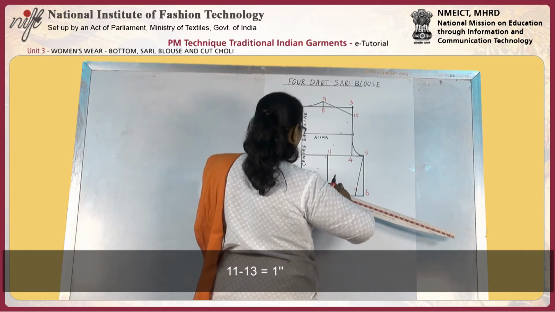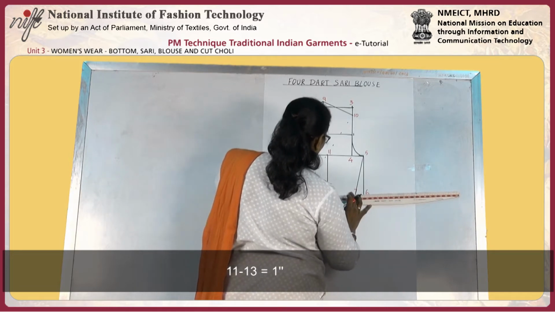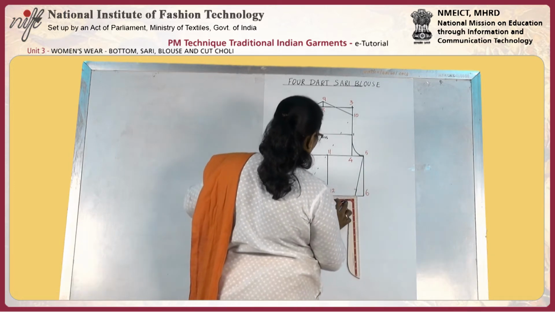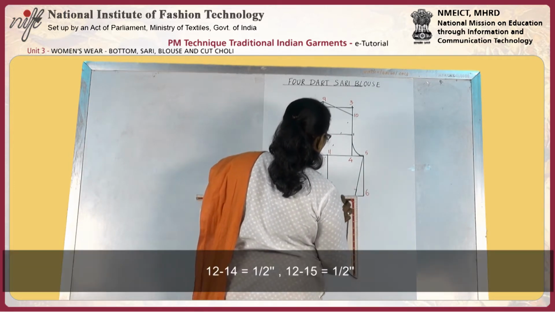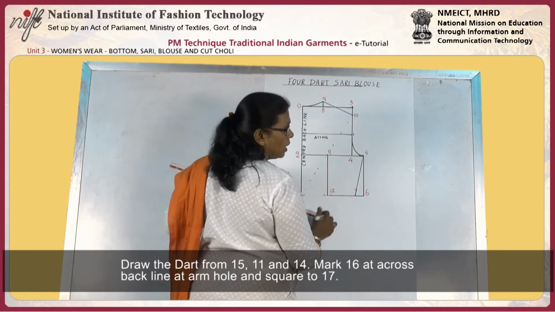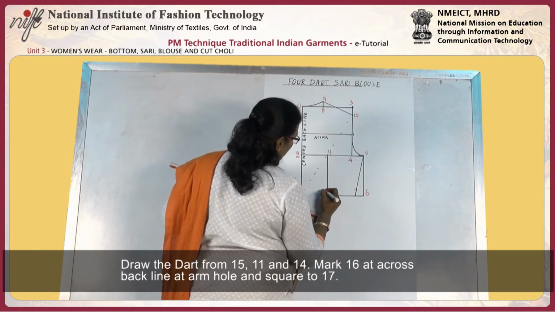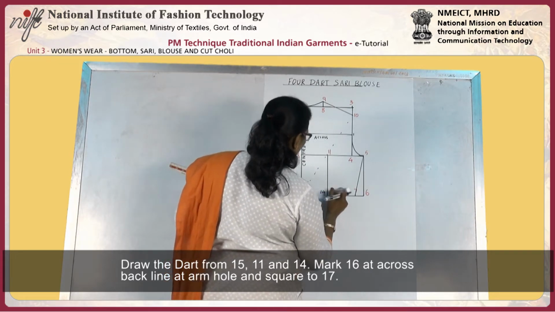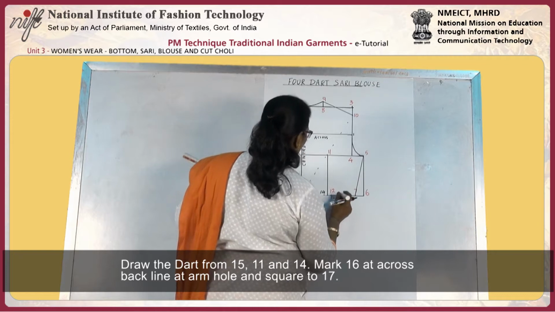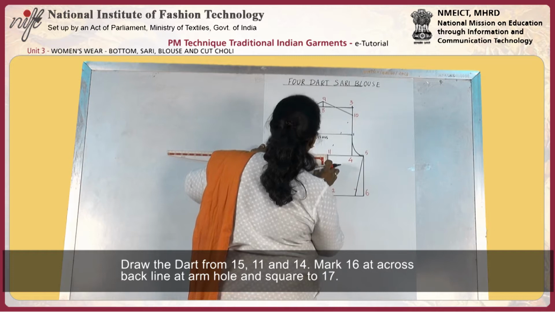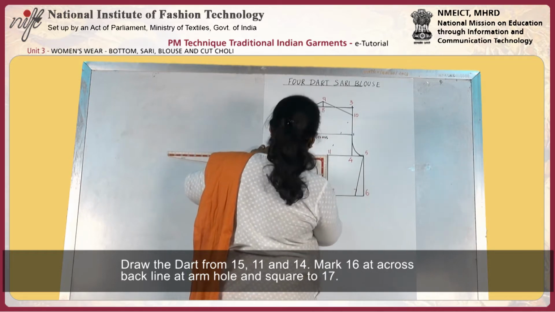And mark the dart allowance of 1 inch, which must be marked half an inch on both sides, and mark 14 and 15. 13 is 1 inch down from 11.